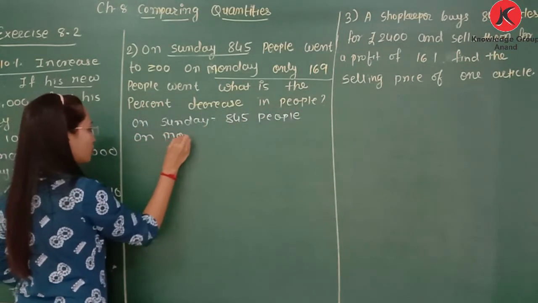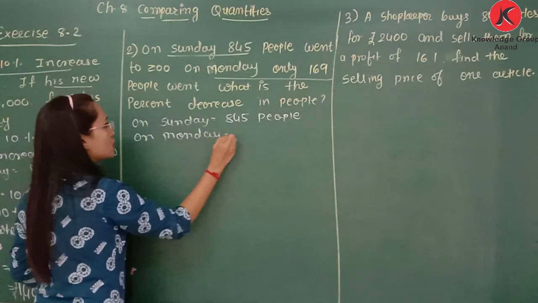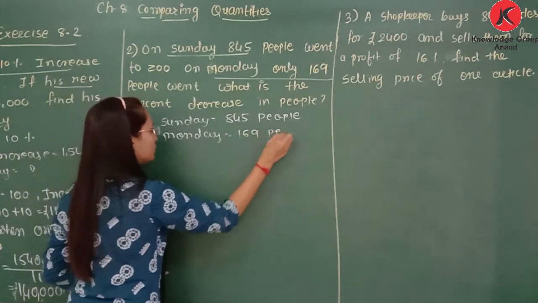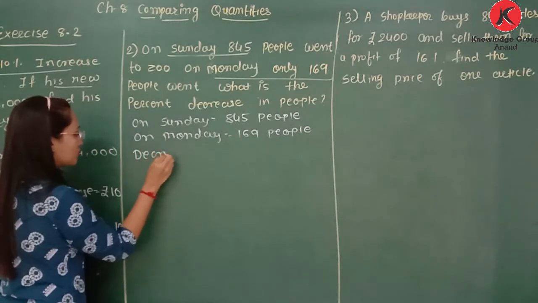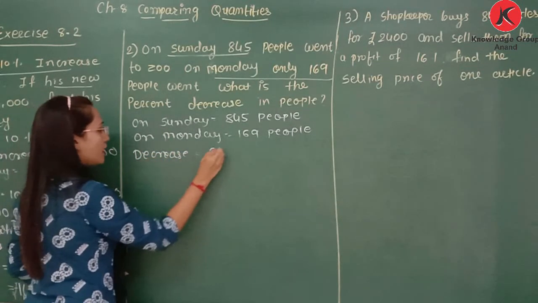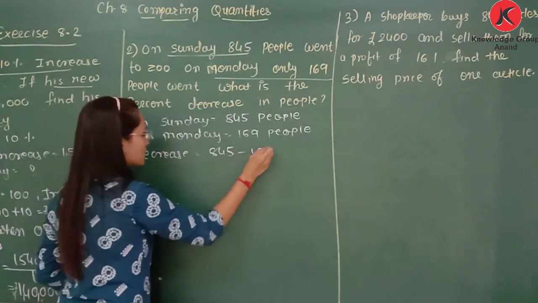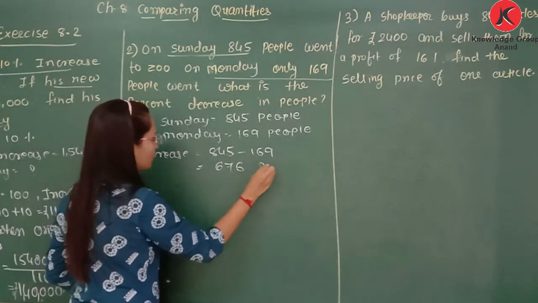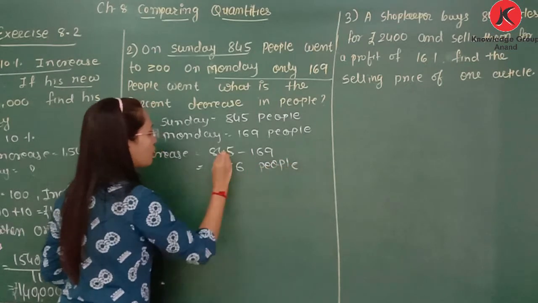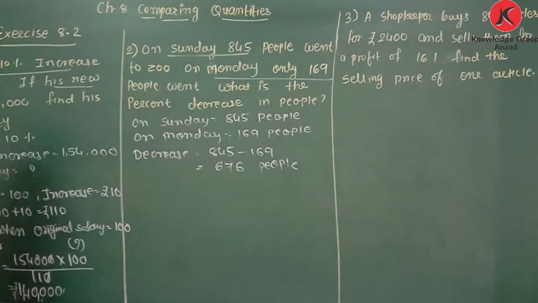On Monday, it is 169 people. So the decrease is 845 minus 169, that is 676 people. If you perform the subtraction, you will get 676.